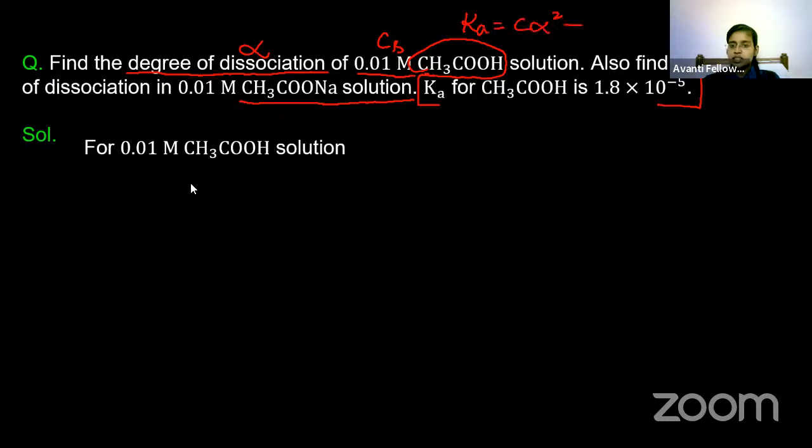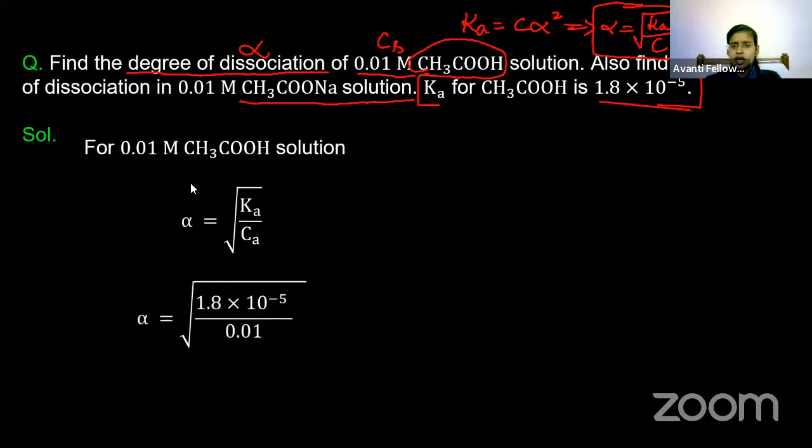So alpha is root of Ka divided by C. Using this formula, we substitute Ka and the given concentration, and we get 4.24 into 10 to the power minus 2.